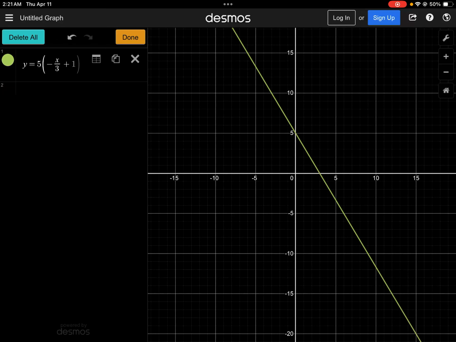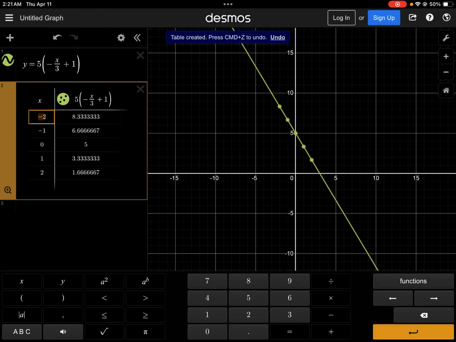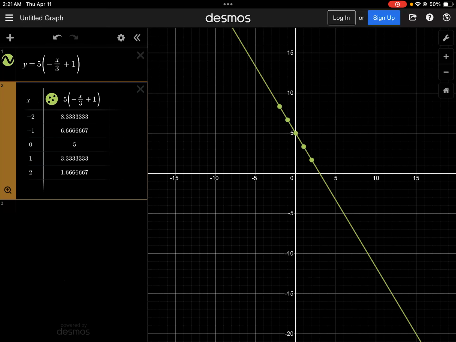Then let's take its table. It has a lot of decimals. Those will have to be converted, and they go forever. We have to convert it to a fraction because a fraction shows the accurate value.